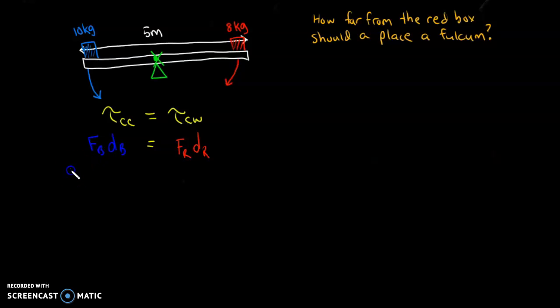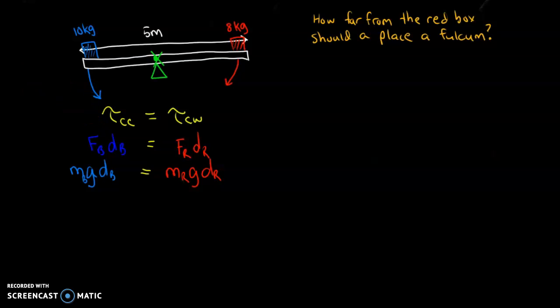So since force equals mass times acceleration, I have mass times acceleration times the distance of B. So this would be the mass of B, and that's going to equal the mass of the red box times the acceleration due to gravity, I'll make that G, times the distance of the red box.